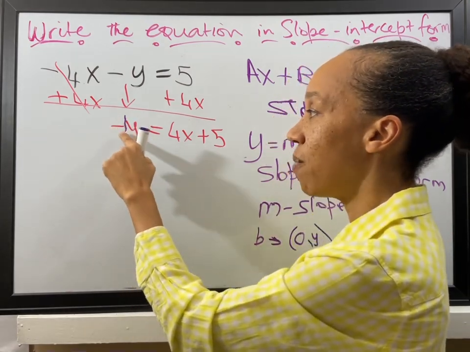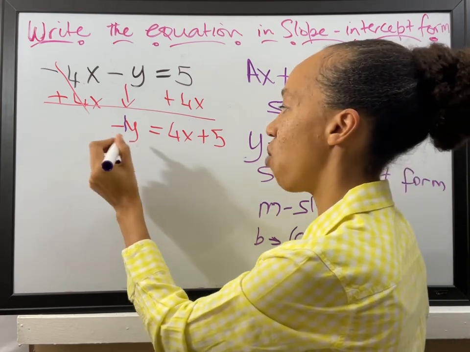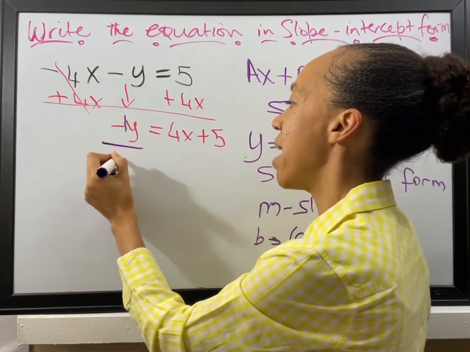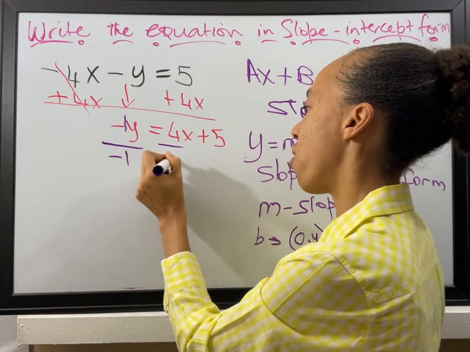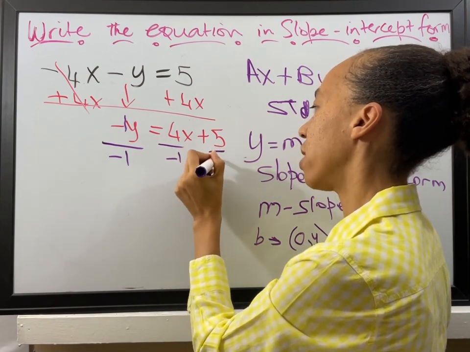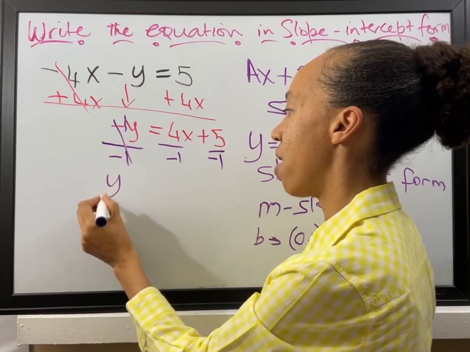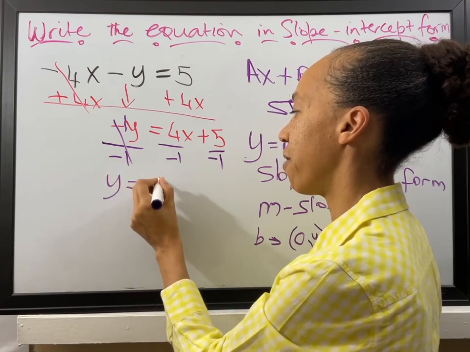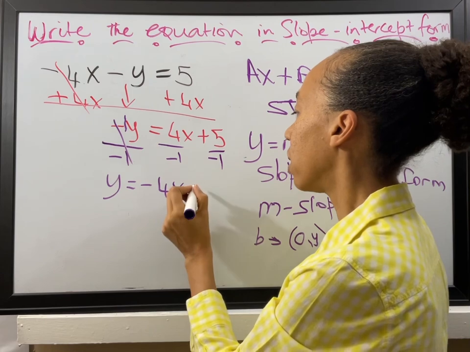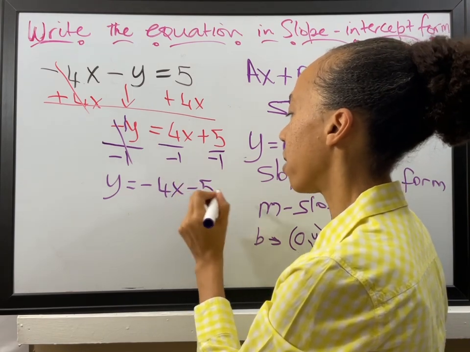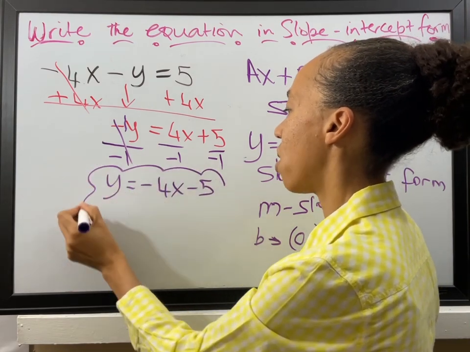So the invisible one is being multiplied onto the y. So I'm going to divide by negative 1, and we have to do it for every term. Negative 1. And so this is going to cancel out. Our answer now is going to be y equal negative 4x minus 5. All right, and that is our answer.